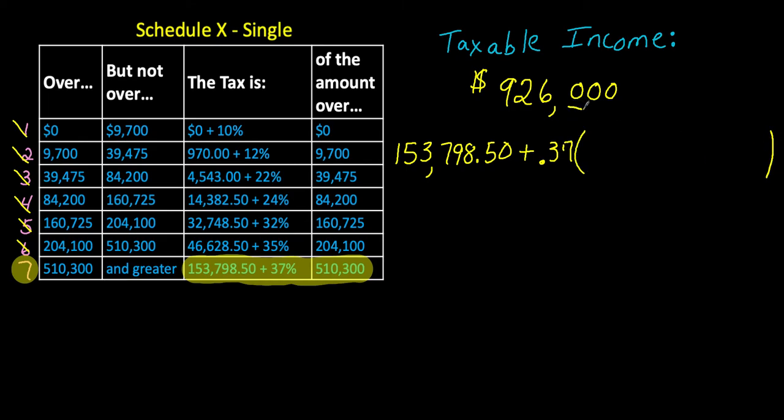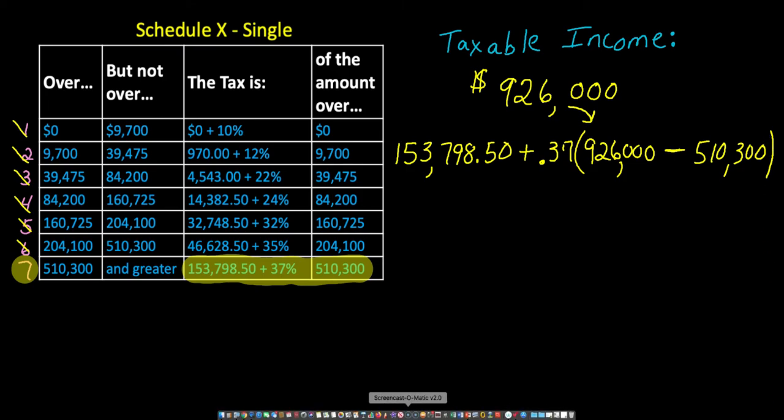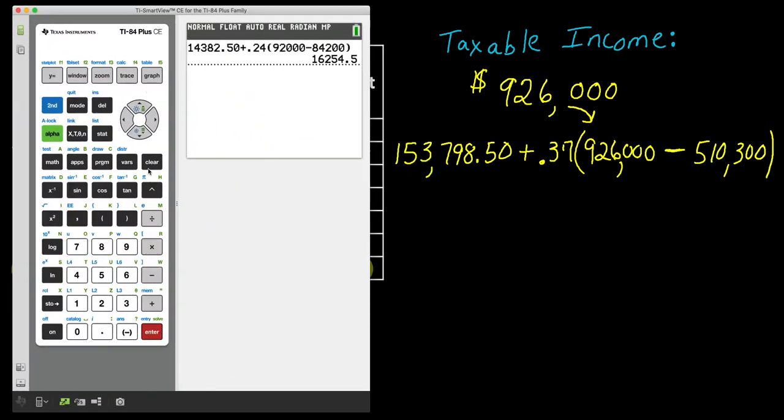I'll put this number here, $926,000, minus this number here, 510,300. And that's it. And then you just punch that into the calculator. And these get simpler as you practice. Let me bring up my calculator and punch these numbers in and see how much tax I owe.